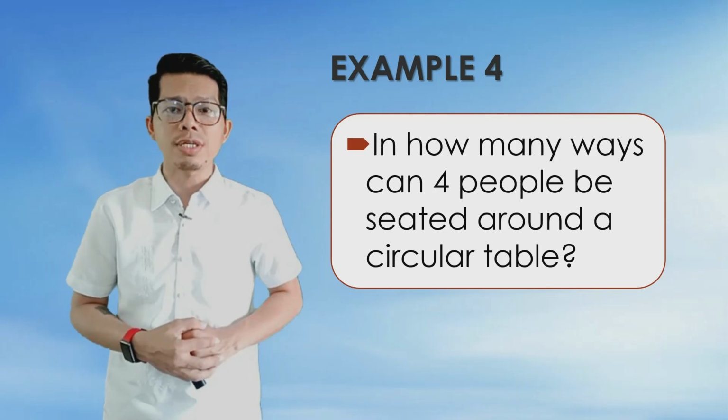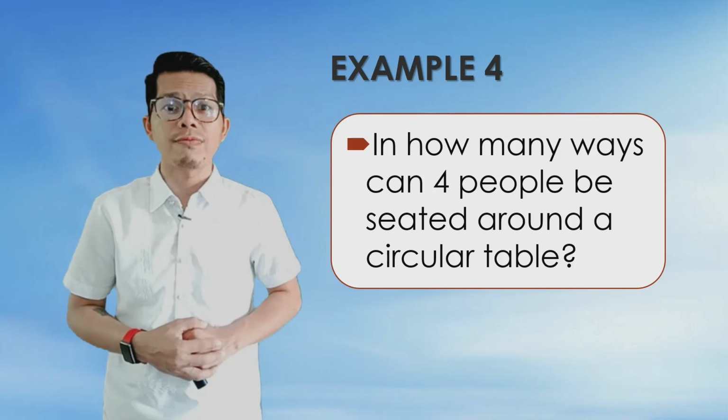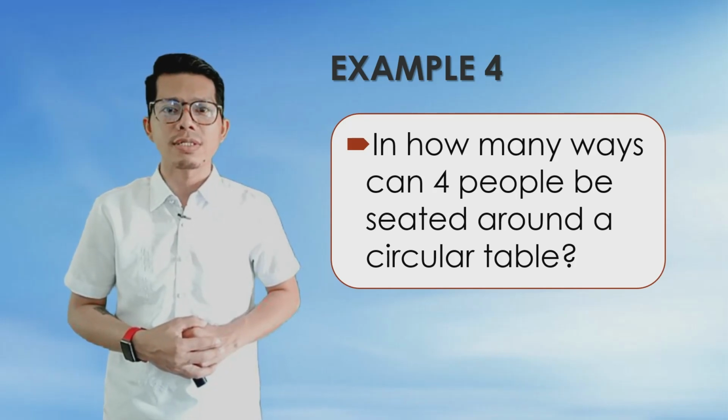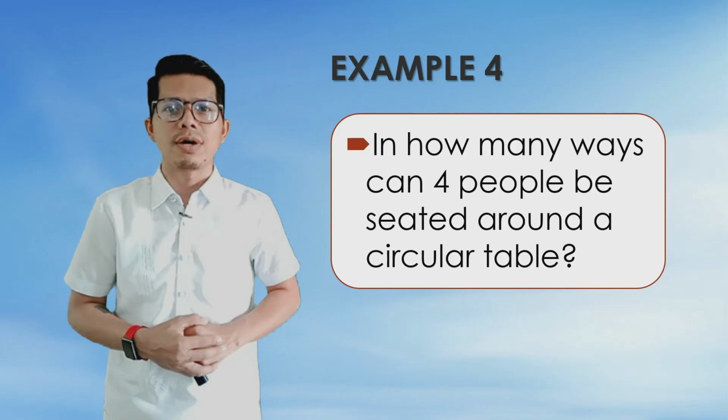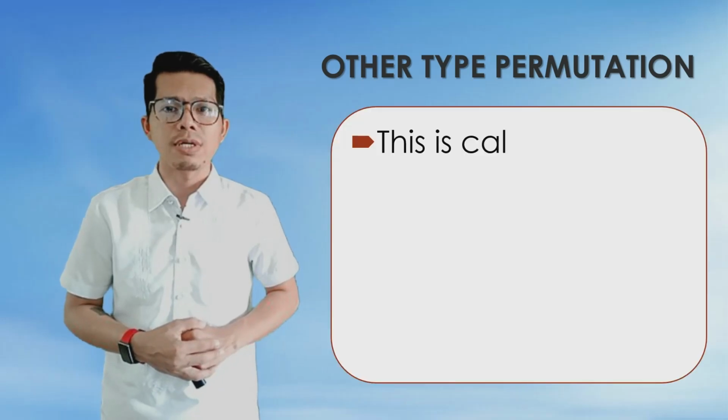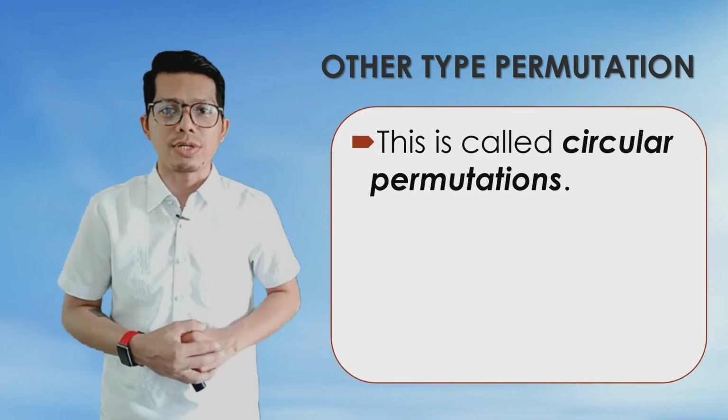So can we still use the first and second formula or the third formula? No, we can no longer use the first, second, and third formulas that we have used. This time, it is another type of permutation. It is called the circular permutation.